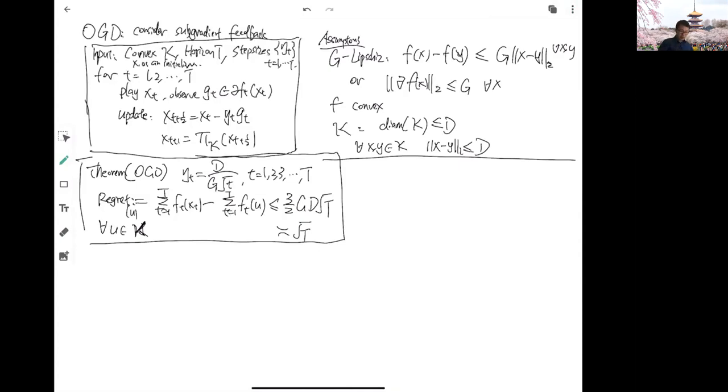All right, so we're going to be proving this theorem on the regret bound for the online gradient descent. To start with, let's make use of our assumptions that each one of these f_t is a convex function.